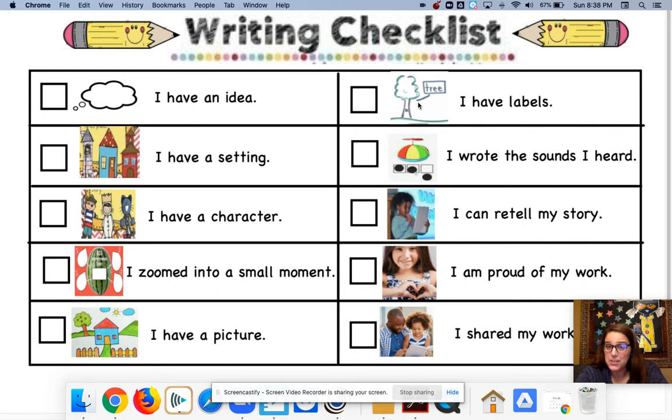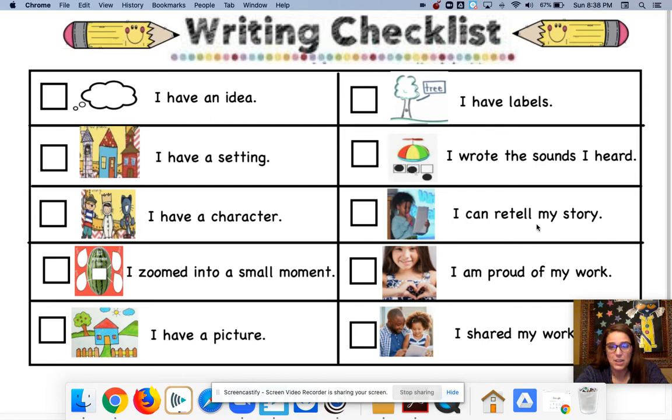If you labeled some things in your picture, maybe like this one, remember, had the tree and they wrote tree, and do the best that you can to get some of the letters that you hear. Check that one off if you have it. I wrote the sounds that I heard. If you wrote the sounds you heard, doesn't mean you have to have all of them correct, but if you tried your best and wrote as many as you could, go ahead and check this off.